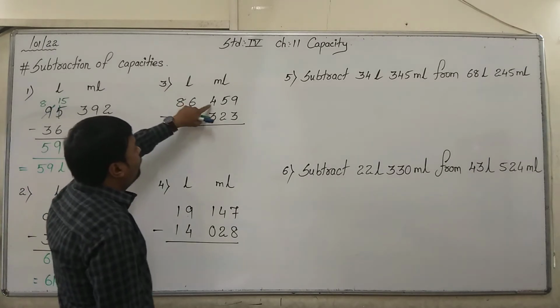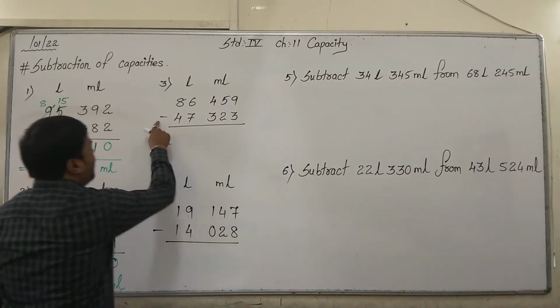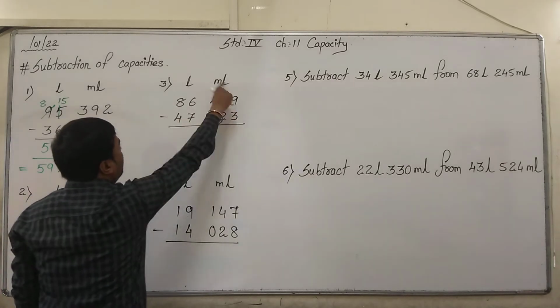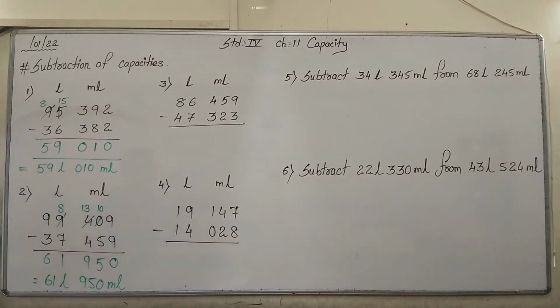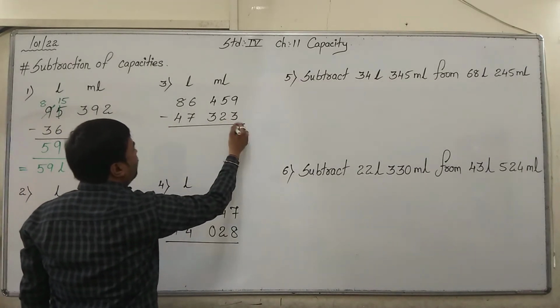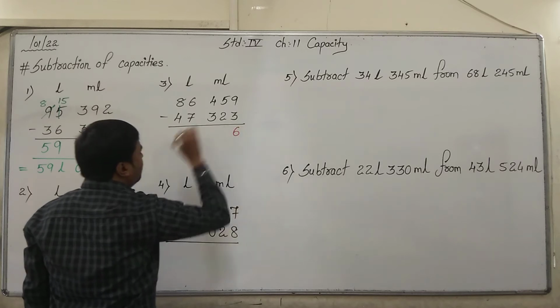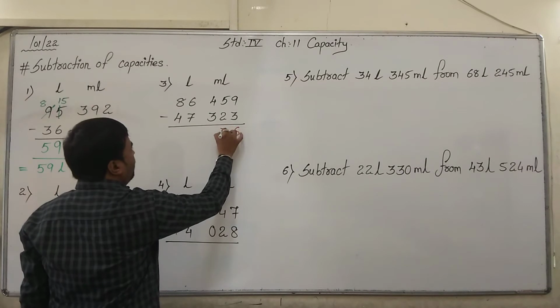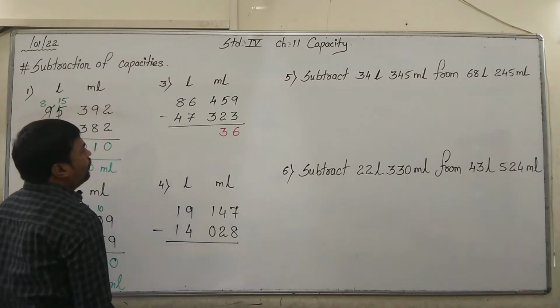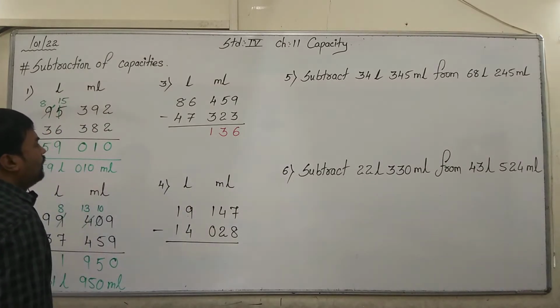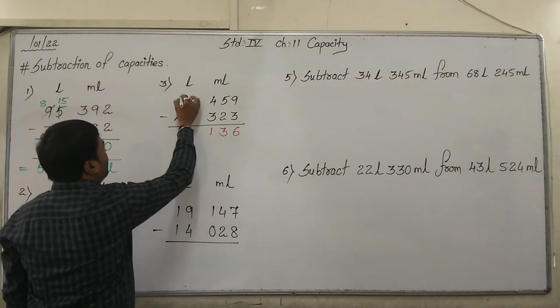86 liters 459 ml minus 47 liters 323 milliliters. So direct subtraction. 9 minus 3, that will be 6. 5 minus 2, it will be 3. 4 minus 3, it will be 1. 6 minus 7 is not possible.